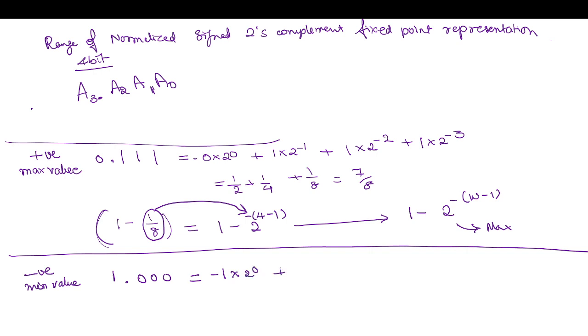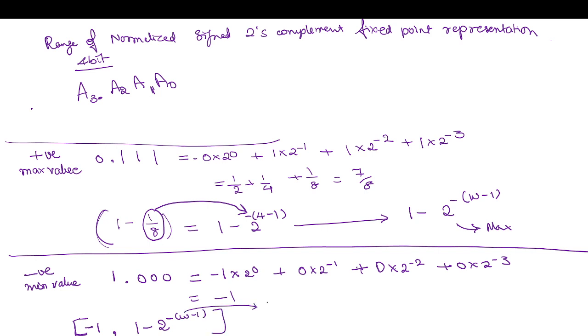The other terms are 0, so this is minus 1. So the range is from minus 1 to 1 minus 2 to the power minus (w minus 1), where w is the number of bits.